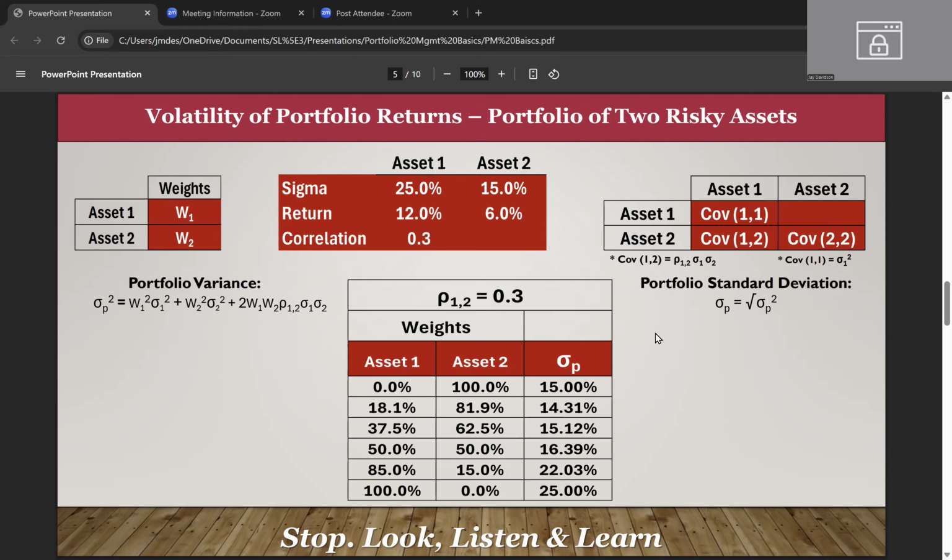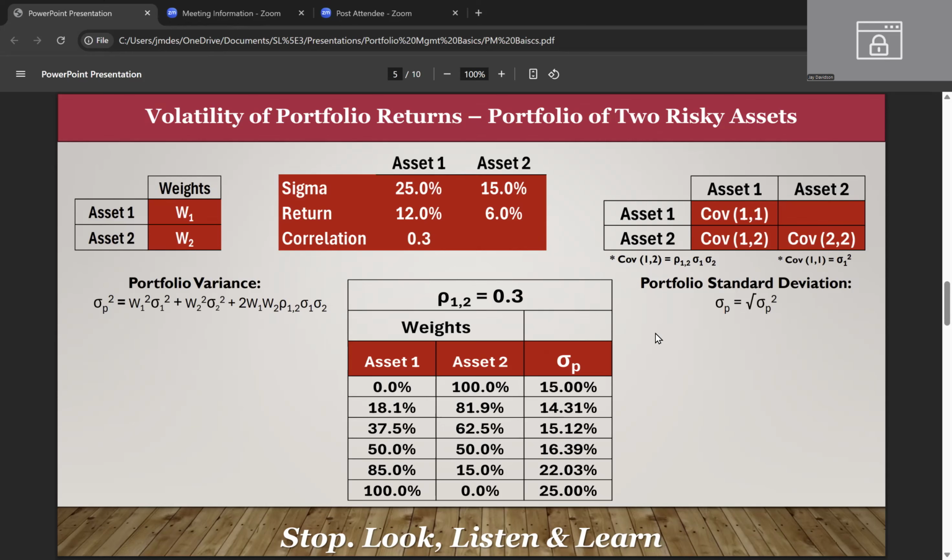It's all over the place and a lot more volatile. And that's basically, as I said earlier, what portfolio management is all about. You want to maximize the returns of the portfolio while at the same time minimizing its volatility.